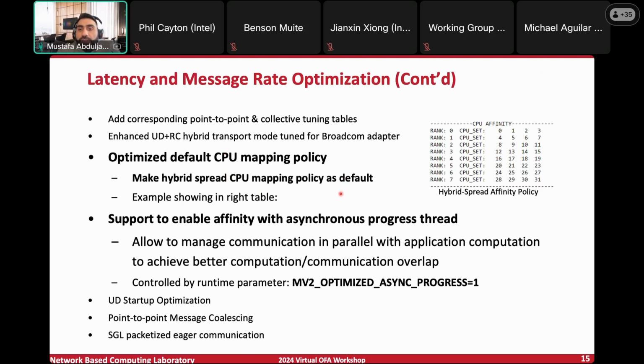The hybrid refers to the ability of allocating more than one core to an MPI process, and the spread will spread the ranks over the available CPU cores. This is showing a possible output for the hybrid spread affinity policy, where we have multiple cores or CPU sets mapped to a rank. We actually tune the policy because there are several policies there.